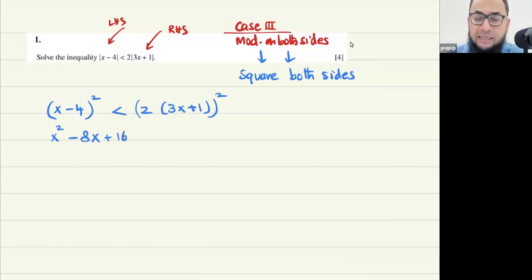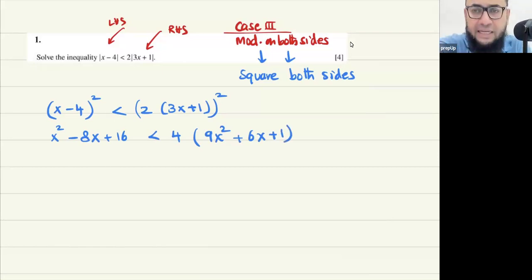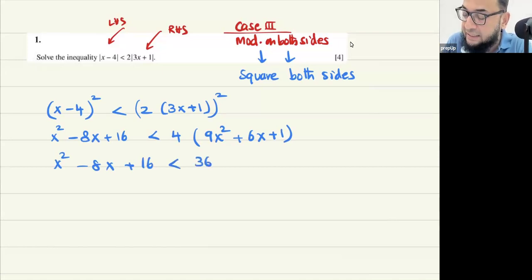I expanded the left hand side. And then we have 4 multiplying with 9x squared plus 6x plus 1. Go very easy, go very gradually on it. So this is x squared minus 8x plus 16 is less than 36x squared plus 24x plus 4.